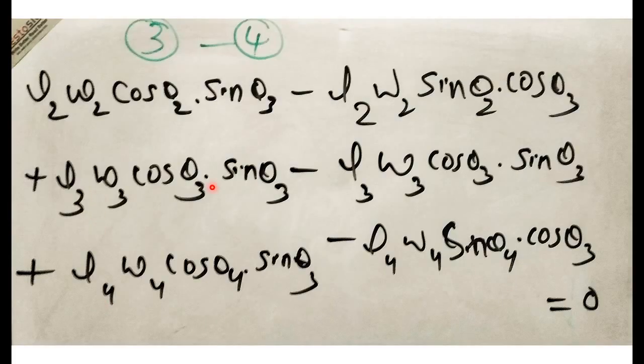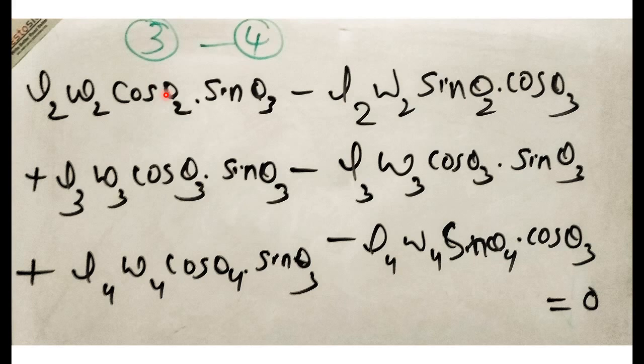Okay, L3 omega 3 cos theta 3 sin theta 3, again cos theta 3 sin theta 3, here cos theta 4 sin theta 3 and sin theta 4 cos theta 3 equal to 0. So in the second line, this term will be 0 because both terms are the same. So it becomes 0. Remaining are the first line and third line. Okay, here in your expression you can note it as 0. In the next step you can write these two, the first and third line.